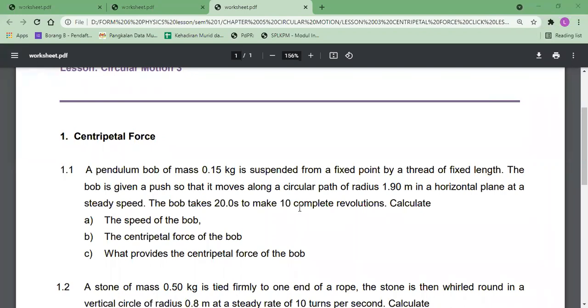The bob takes 20 seconds to make 10 complete revolutions. Calculate the speed of the bob, the centripetal force, and see what provides the centripetal force of the bob. Let's move to the Word file.